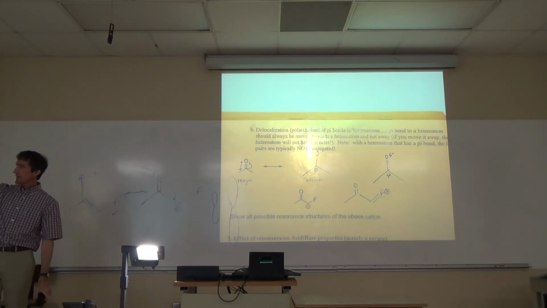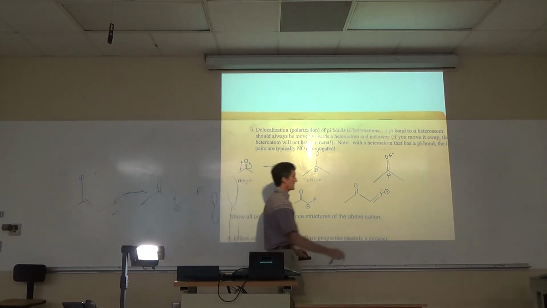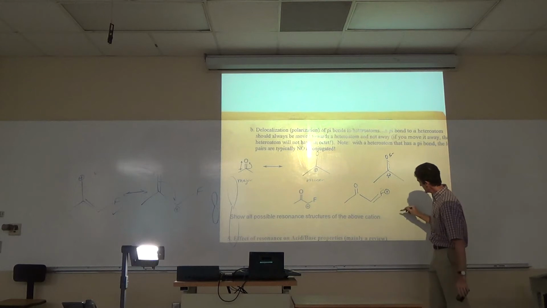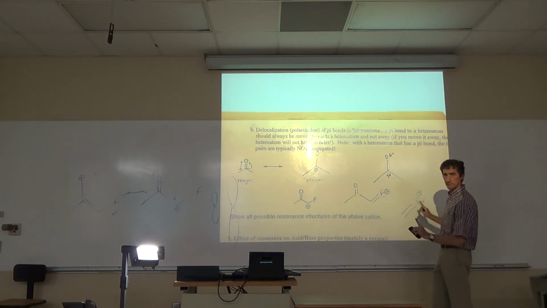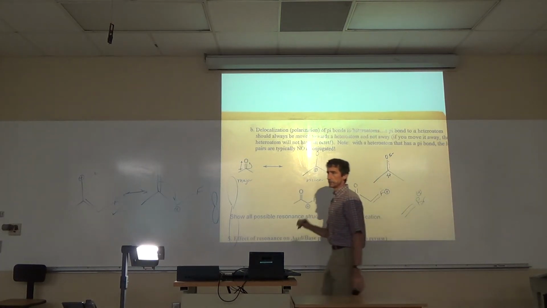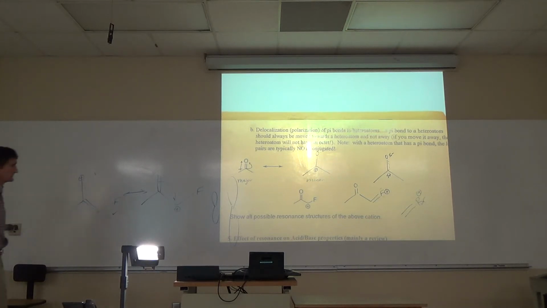Fluorine has the same size p orbital as carbon, so that's actually better than if it was a bromine, which would be a bigger p orbital. Fluorine is good at resonance. As long as it has an octet, it's fine sharing. You leave a fluorine with no octet, it'll hunt you down.